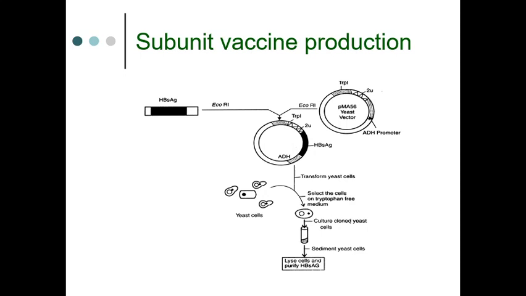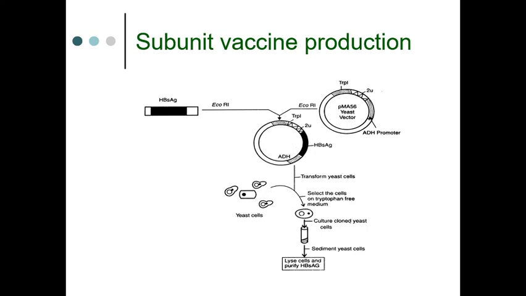The hepatitis B antigenic gene is cloned in the yeast vector in the segment that is shown in the diagram and made to express in the yeast cells, which are grown in tryptophan deficient media.